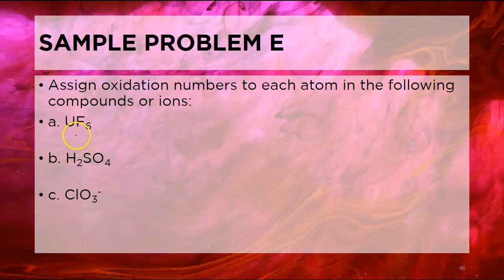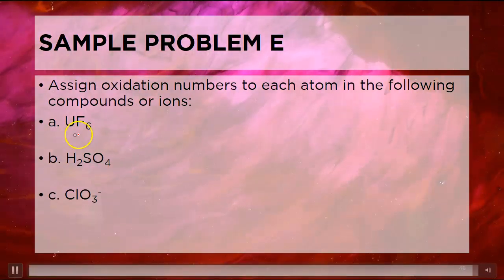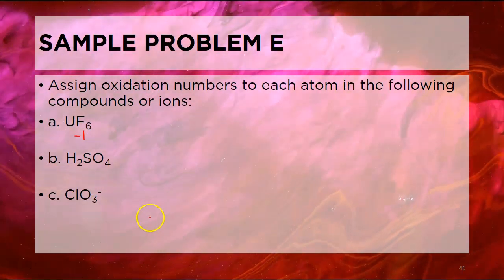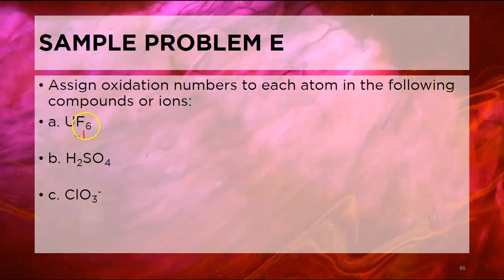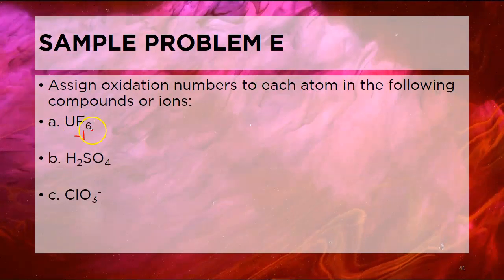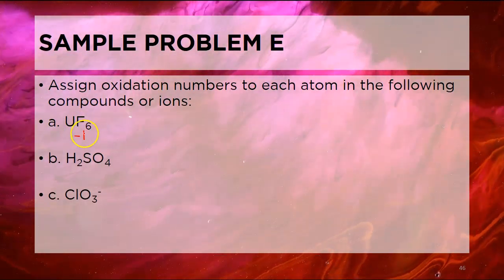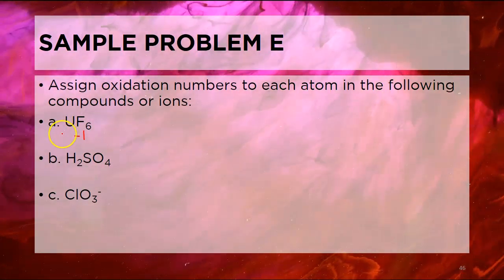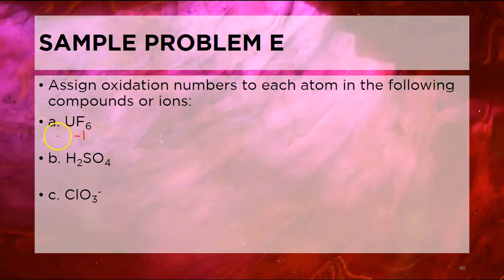Yeah, in this case, fluorine. Fluorine is always going to have an oxidation number of -1. And then we want this whole thing to be 0. So if I've got 6 -1s, what would I give to uranium to balance that out?